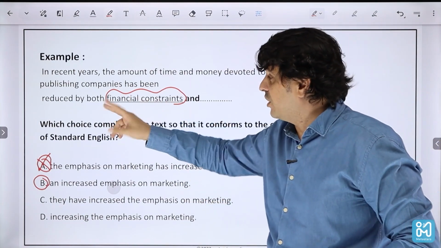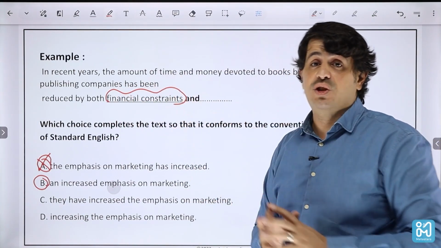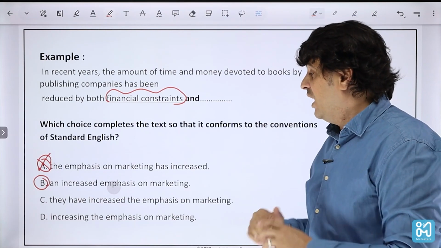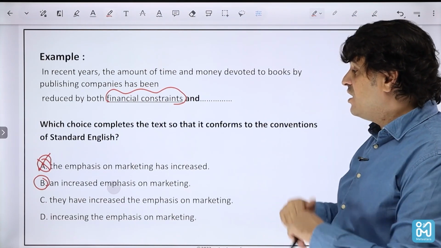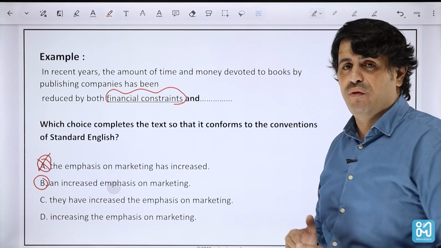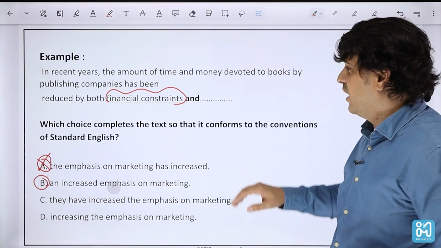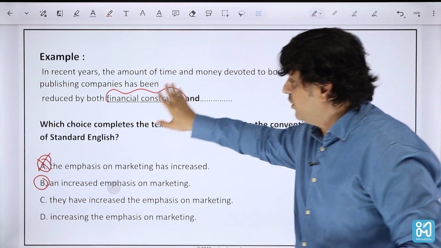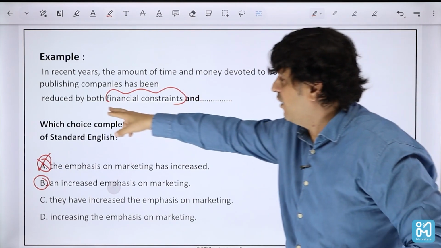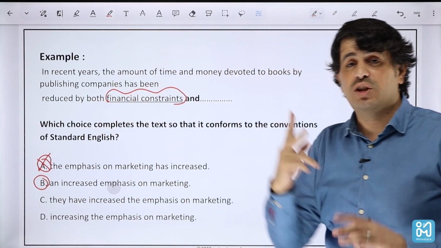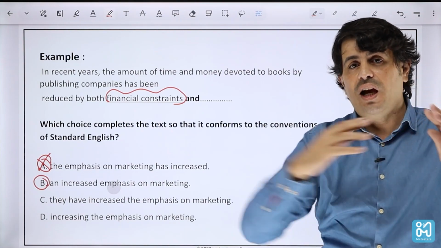If I say here, "both financial constraints," and for sure, "an increased emphasis on marketing." This is the other option here if I have both. Both means two things, not a thing and a complete sentence.